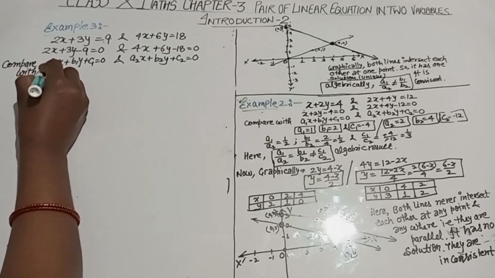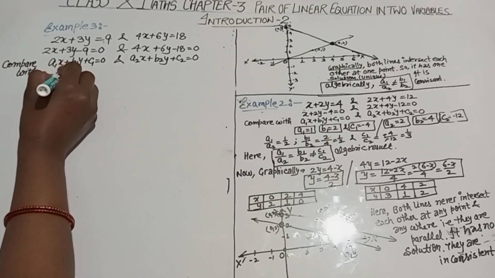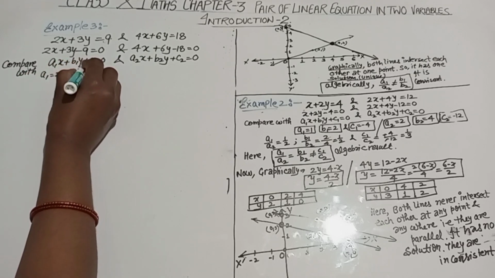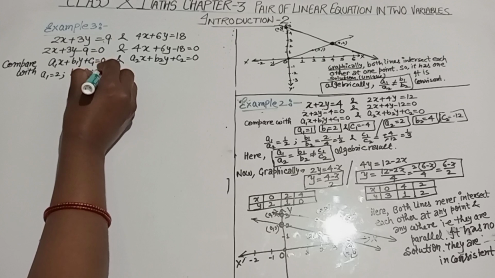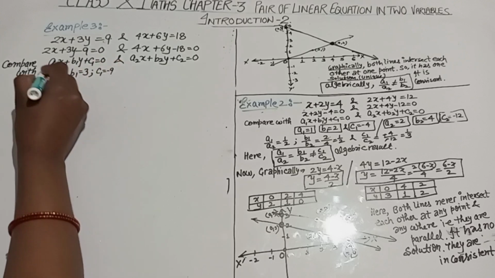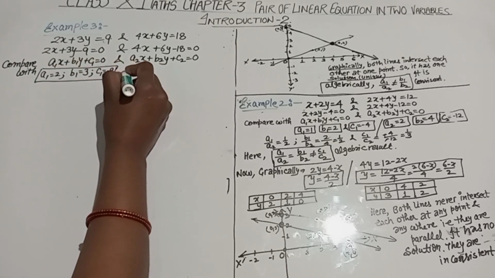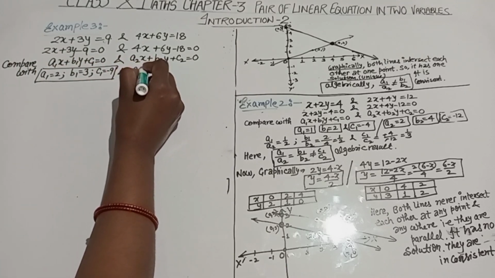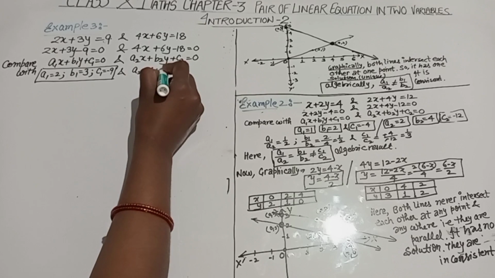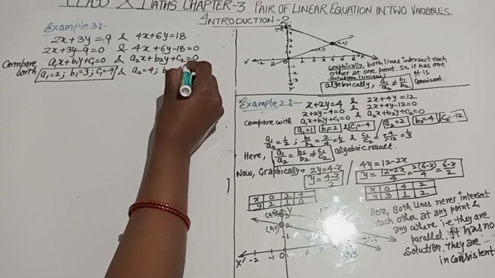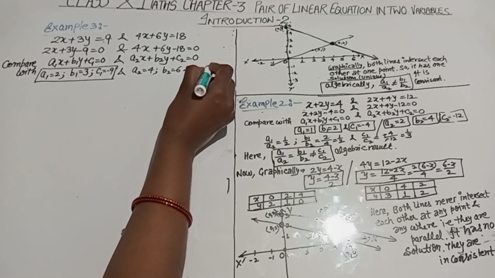So a1 is equal to 2, b1 is equal to 3 and c1 is equal to minus 9. And a2 is equal to 4, b2 is equal to 6 and c2 is equal to minus 18.